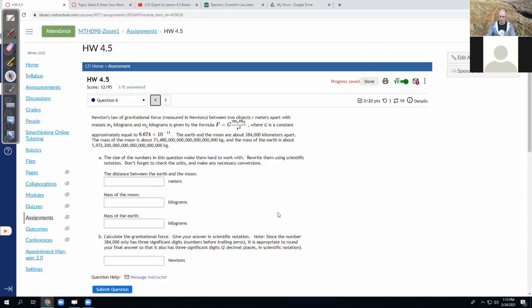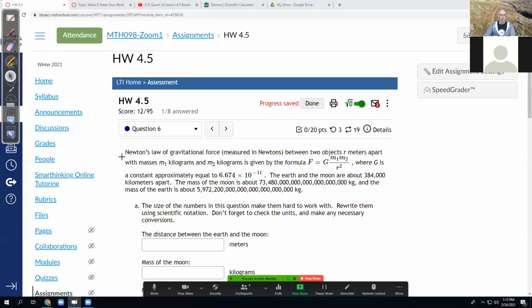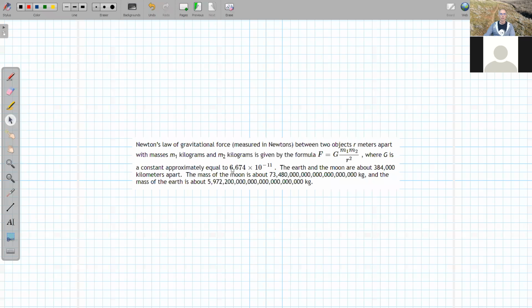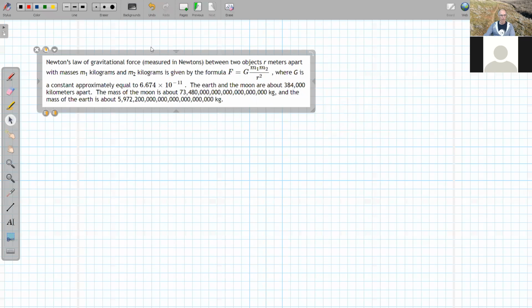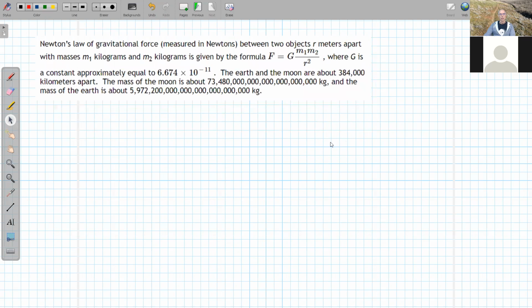So let's blow this up, screenshot it, and pick apart the numbers. Let's do it. So what we want to do is apply this formula to the moon and the Earth.